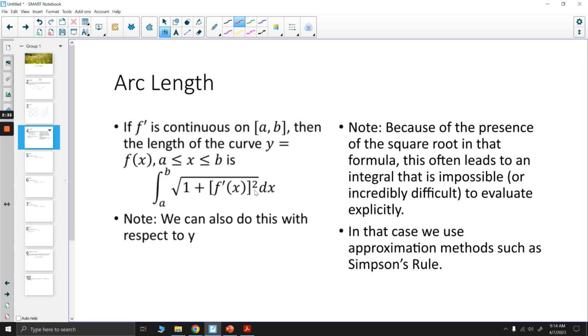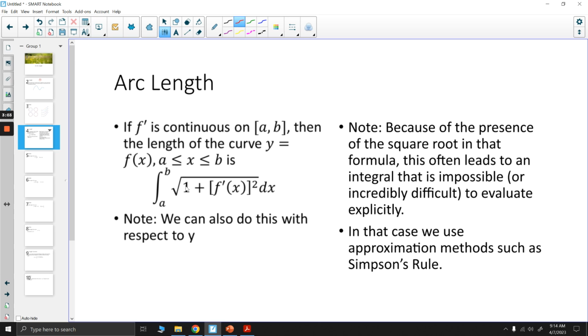We can also do this with y. Basically, if we're doing this with respect to y, if it's a function in terms of y, then it would just be a dy and f prime of y. But generally, we deal with x's, so that's why we have this formula. As I mentioned before, because of the presence of this square root, we often end up with integrals that are impossible, or at least very difficult to evaluate explicitly, so we use approximation methods.